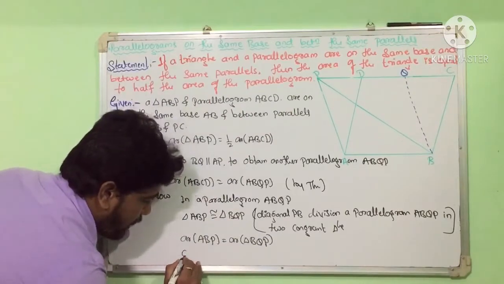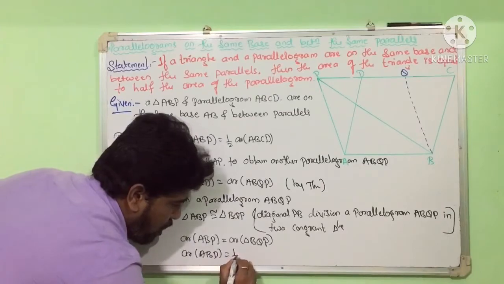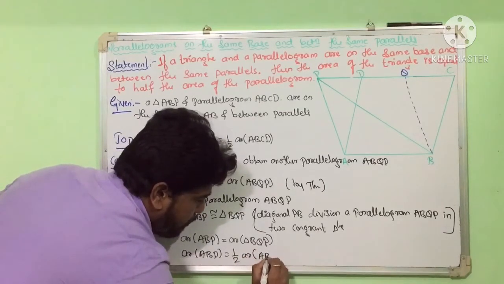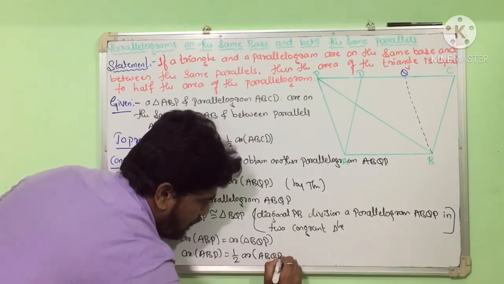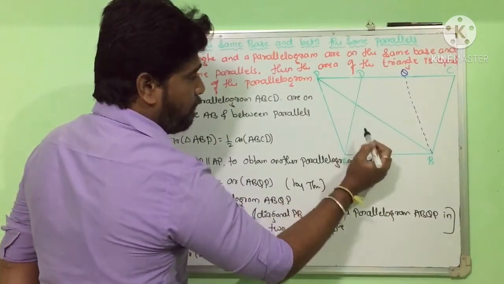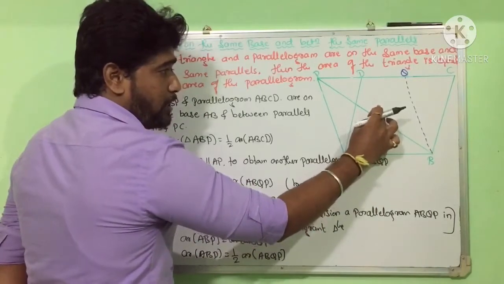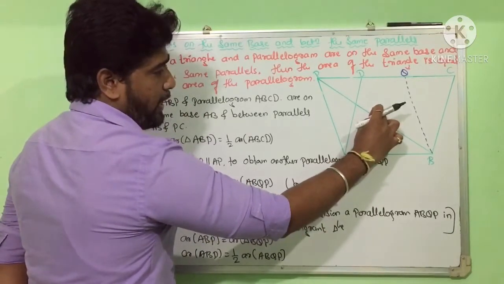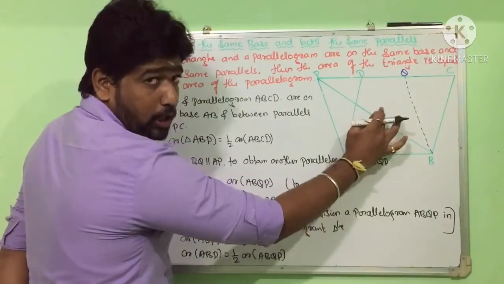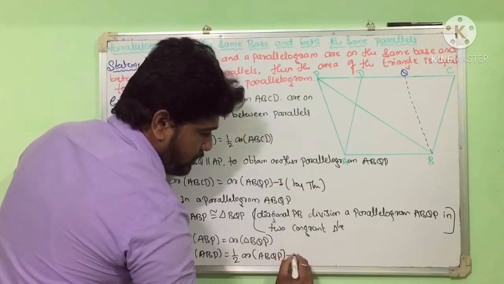So now here area of triangle ABP is equal to half of area of ABQP, because a parallelogram divides into two congruent triangles. So this triangle is equal to half of the parallelogram. Is it clear? So now call this equation 1 and this equation 2.